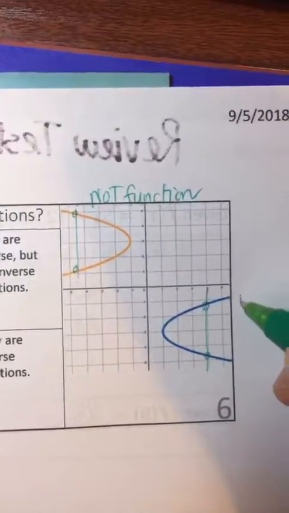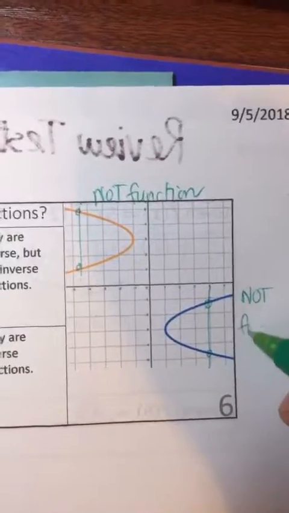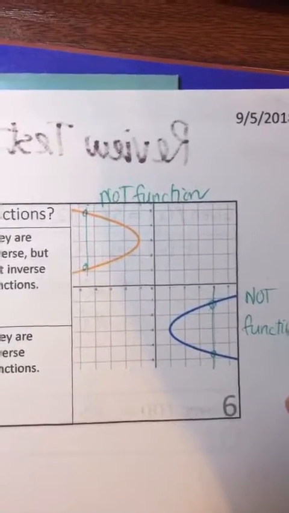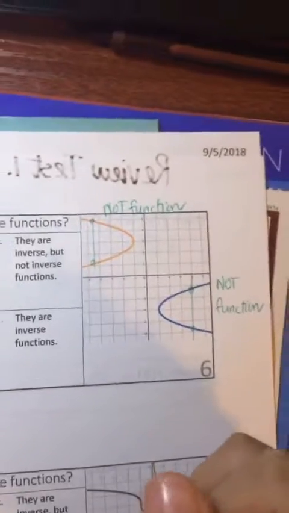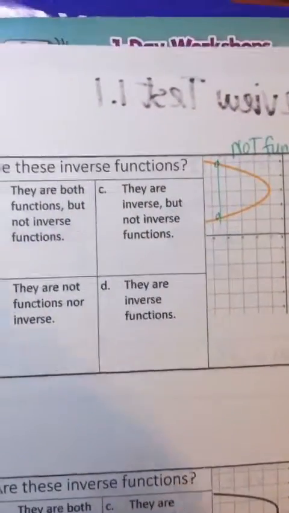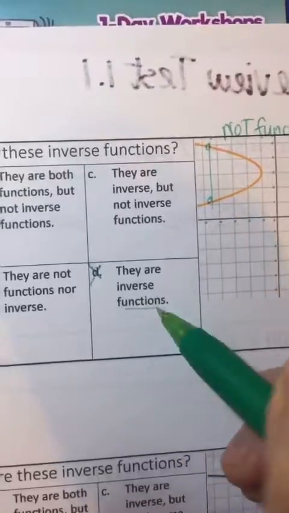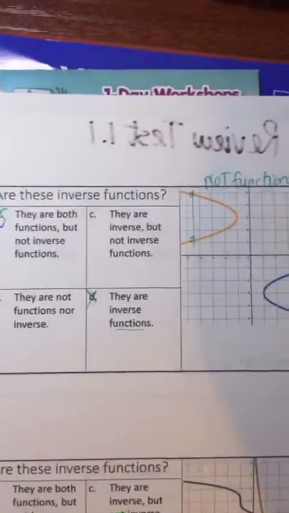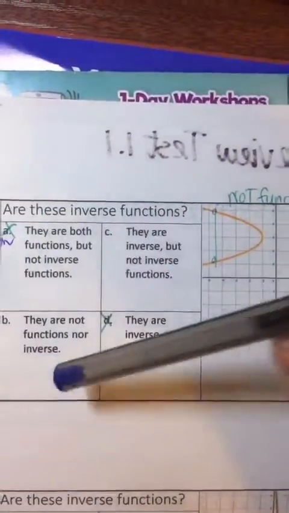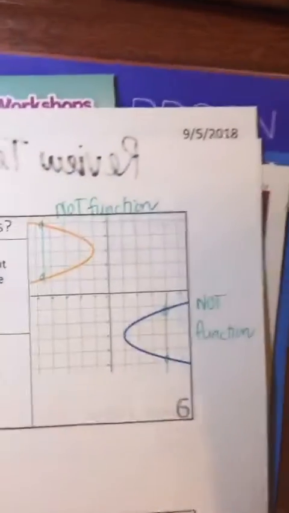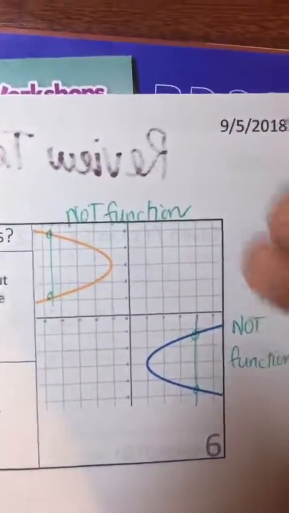So the bottom one is also not a function. Okay. So they're both not functions. You're going to cross out answer A because they say they are both functions, and also D because they say they are inverse functions. You see, they are wrong statements. So now we're going to check which of B and C is the correct one.